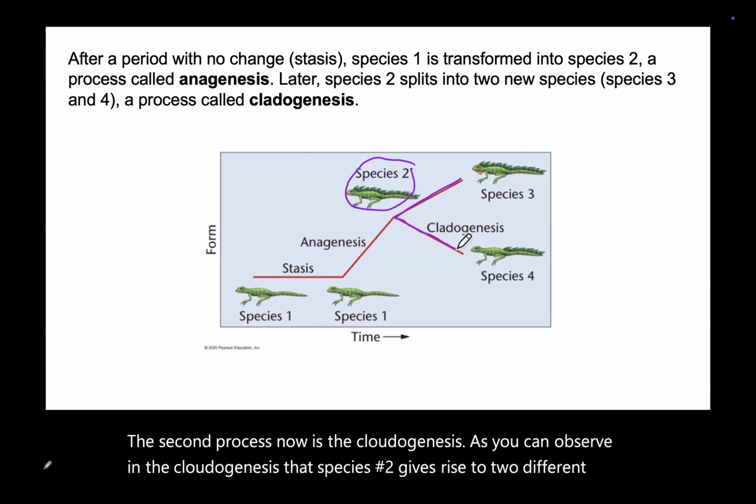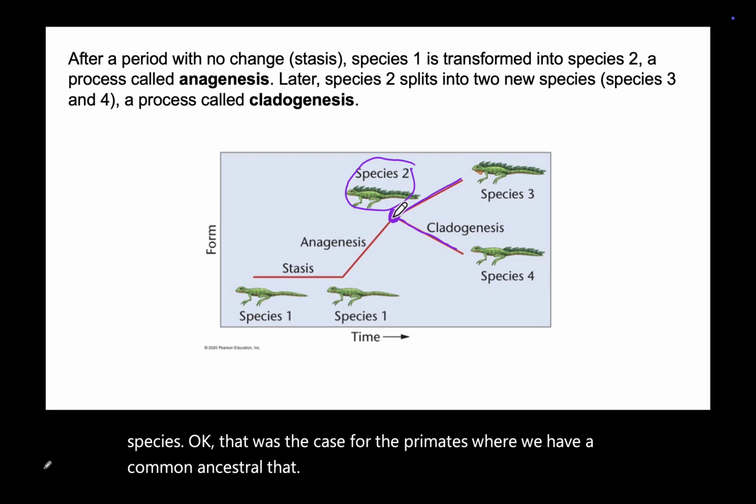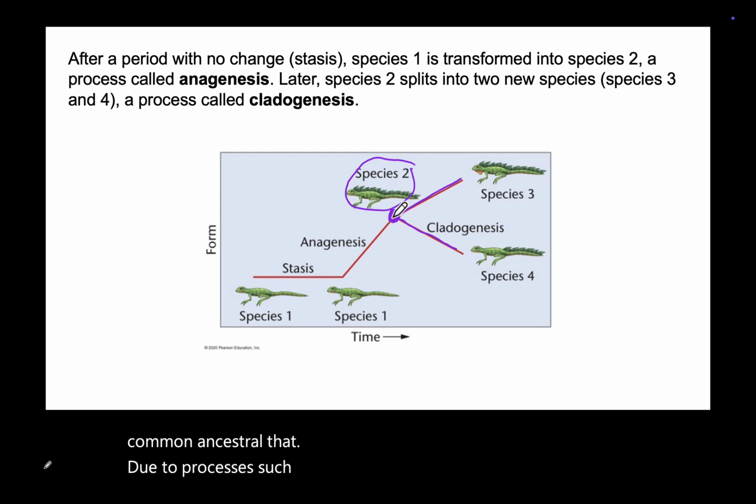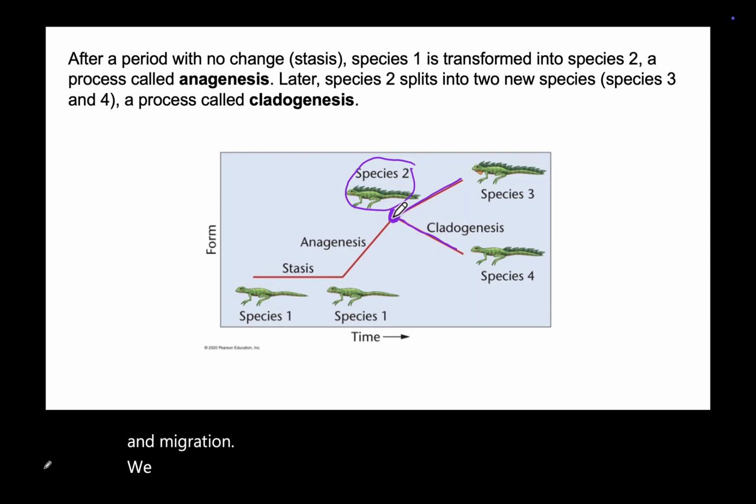Okay, that was the case for the primates, where we have a common ancestor that, due to processes such as natural selection, mutations, genetic drift, and migration, we have that separation into two new species.